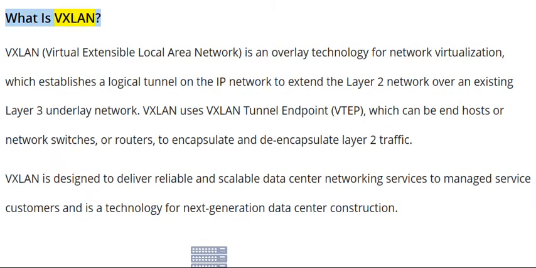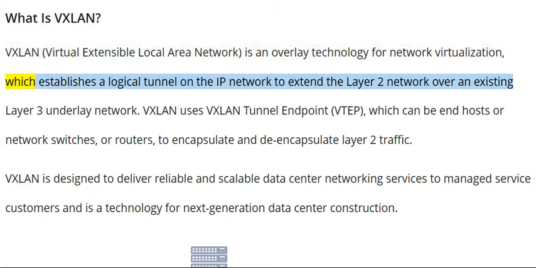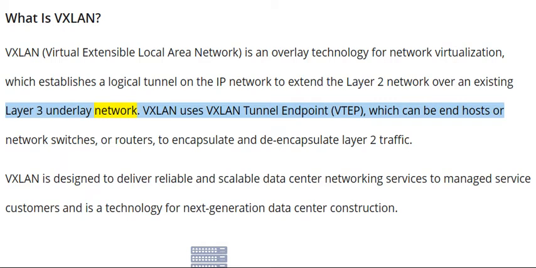What is VXLAN? VXLAN, Virtual Extensible Local Area Network, is an overlay technology for network virtualization, which establishes a logical tunnel on the IP network to extend the Layer 2 network over an existing Layer 3 underlay network.